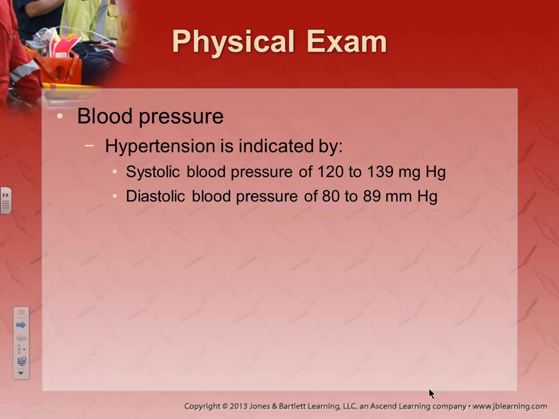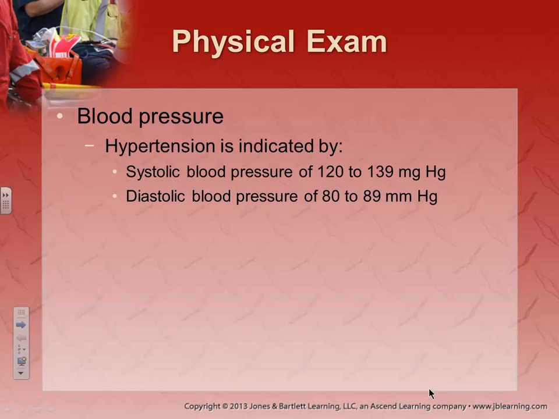Blood pressure. In order for the body to perfuse well, we've got to have what? Good blood pressure. Y'all know what a good systolic blood pressure and a good diastolic blood pressure are, right? What is mean arterial pressure?